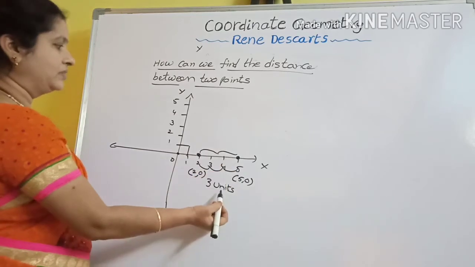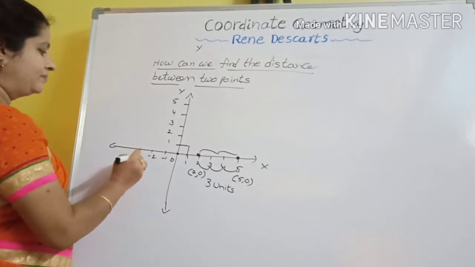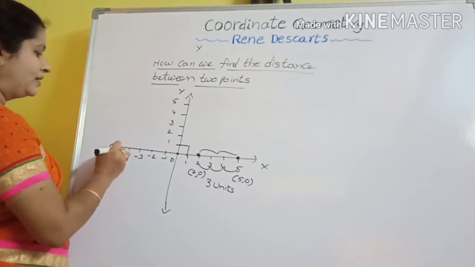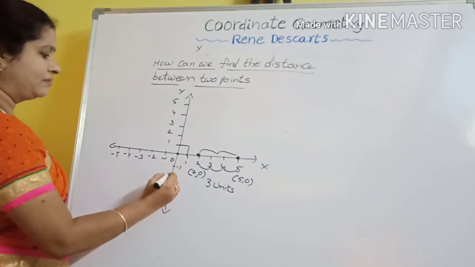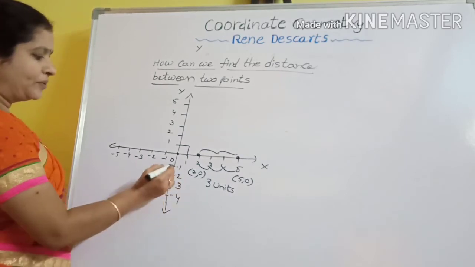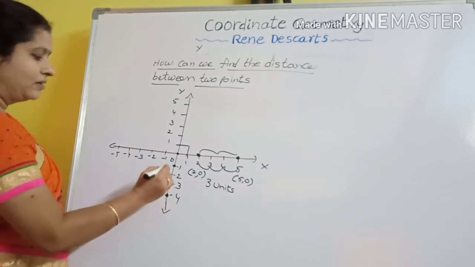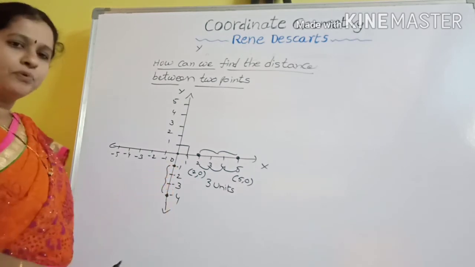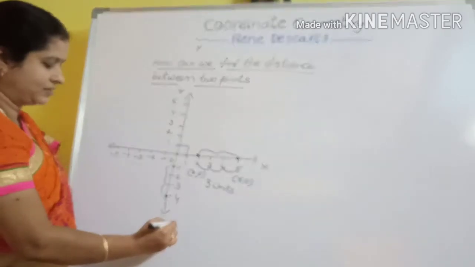So here 3 units. Suppose 2 points are here, on the negative side: -1, -2, -3, -4. Suppose here is 1 point and here is another point. What is the distance of these 2 points? Here the 2 points lie on the y-axis.